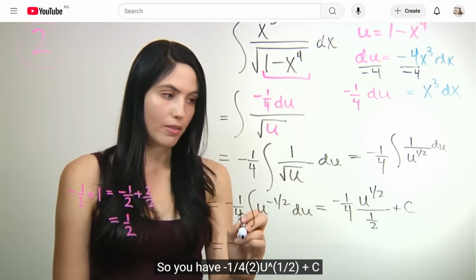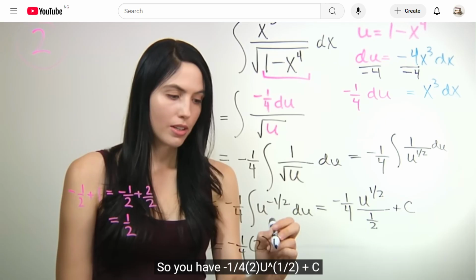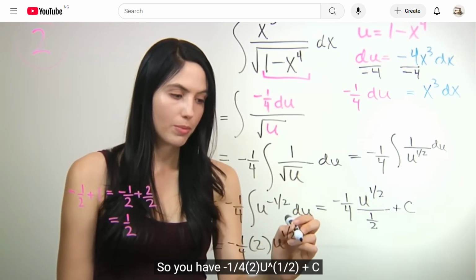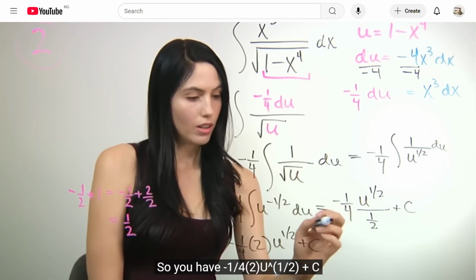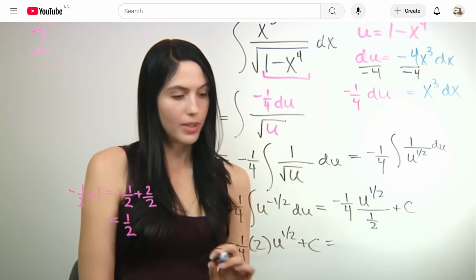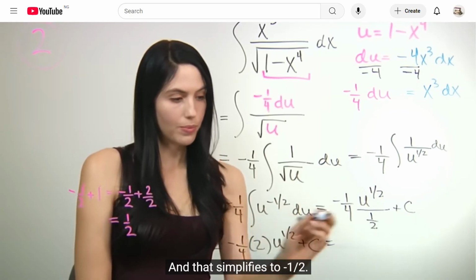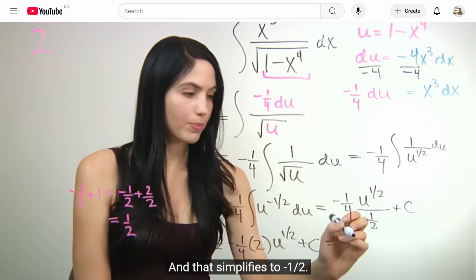So you have negative 1/4 times 2, u to the 1/2 plus c. And that simplifies to negative 1/2.